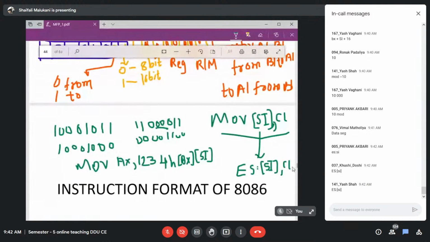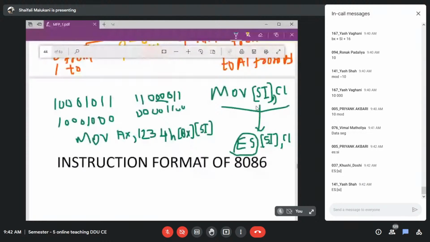For that, I need a prefix, a byte prefix. Otherwise, it will be the same coding, the entire coding will be the same as this.